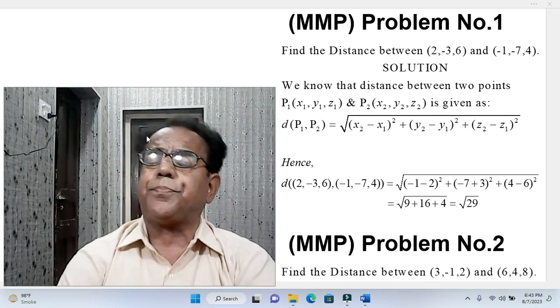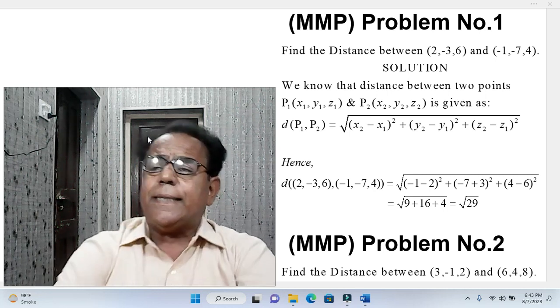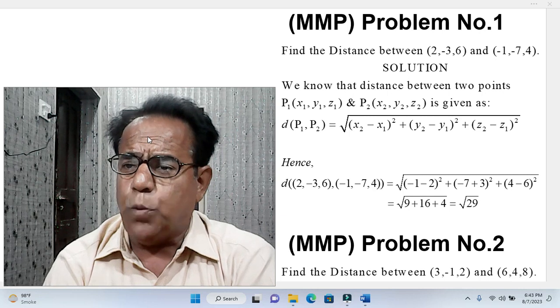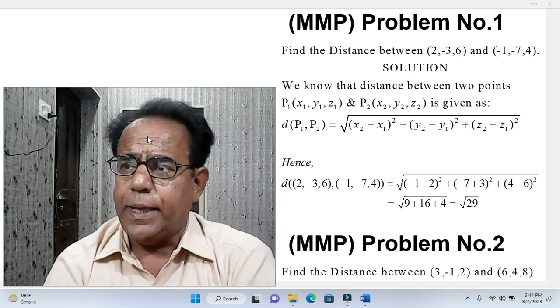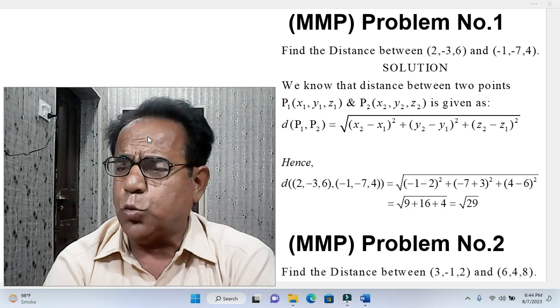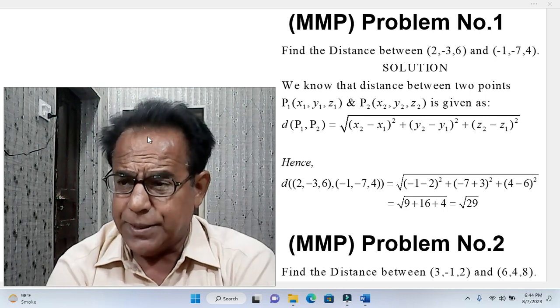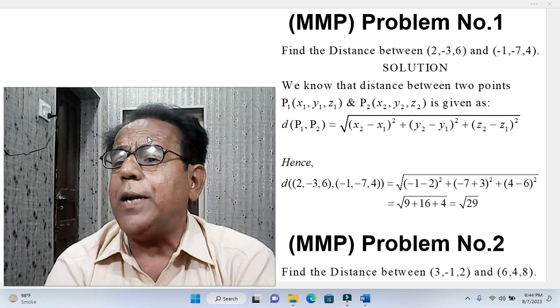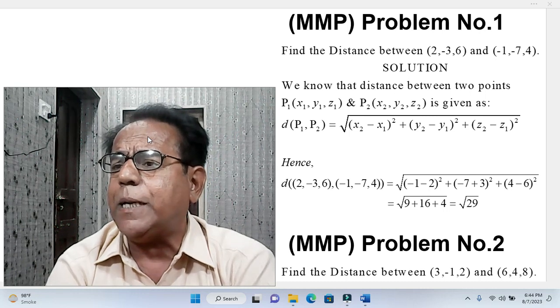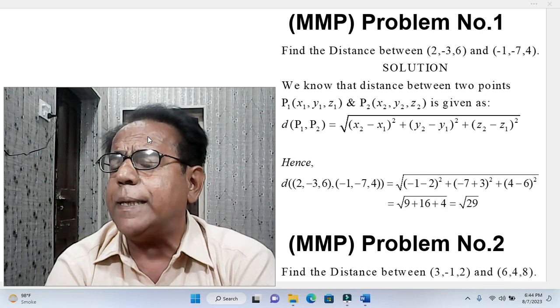Hence distance between points having coordinates 2, -3, 6 and -1, -7, 4 is equal to under root (-1 - 2) square plus (-7 + 3) square plus (4 - 6) square.